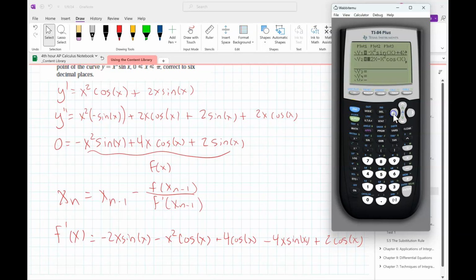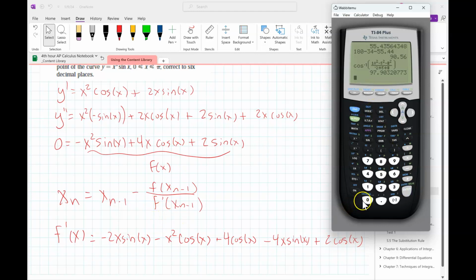Oh, what did I type in? Oh, yeah, thank you. Good. All right, negative 2 sine x. And cosine squared, okay, plus, we have 4 cosine x minus 4x sine x plus 2 cosine x. And I know I could have combined some like terms here, but just didn't bother with it.